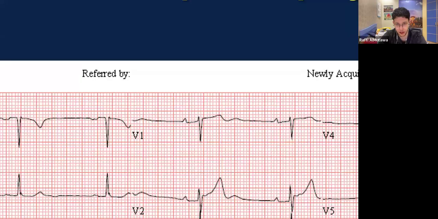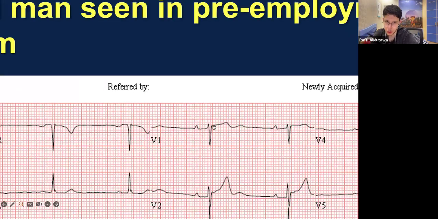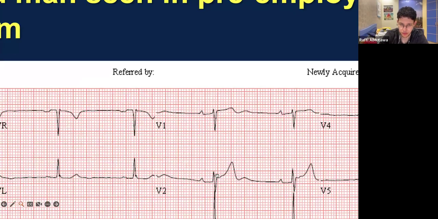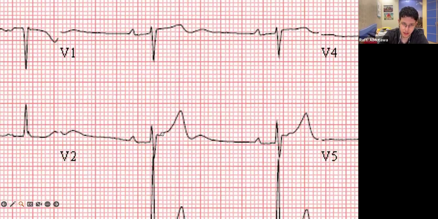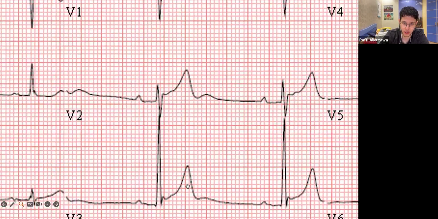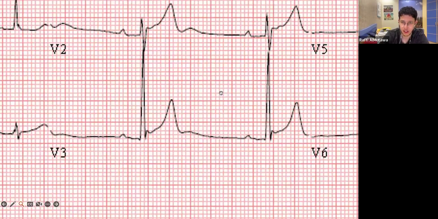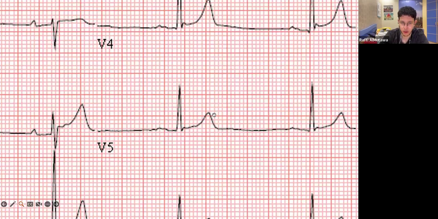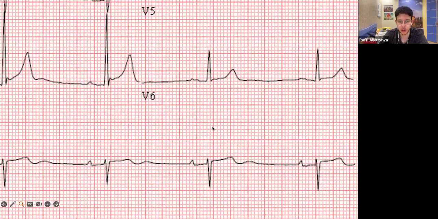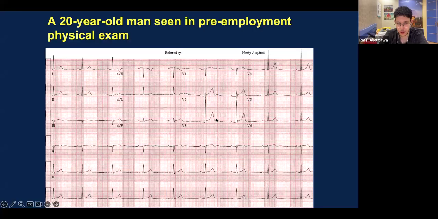Okay, so there's multiple leads involved. Remember the whole convex concave thing. So this is concave. And this is an indication that you might have a benign early repolarization, like you see here. Otherwise, the QRSs look pretty normal. The whole thing looks normal with the exception of this ST elevation.